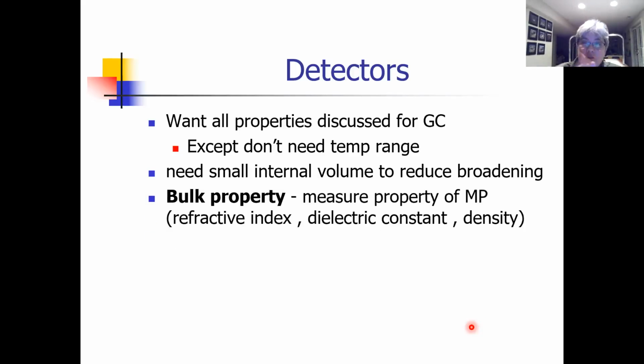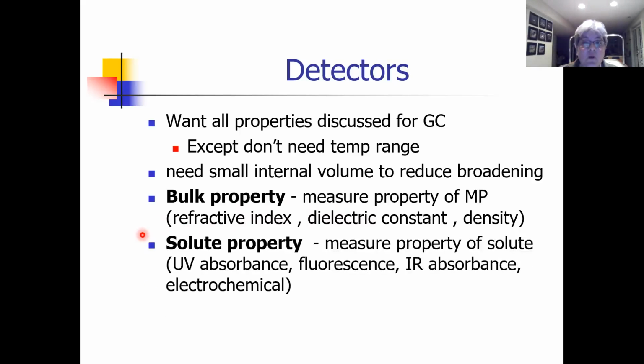HPLC detectors, there's two types. There's what's called bulk property, and bulk property detectors will respond to everything. But the response from the mobile phase and the analyte will be a little bit different. And the most common bulk detector is what we call refractive index. So we'll look at that. More common is a solute property detector.